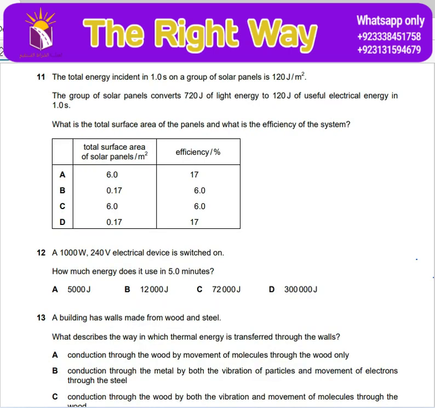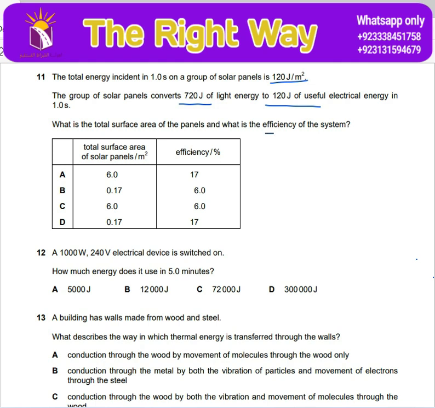Question number 11. The total energy incident in 1 second on a group of solar panels is 120 joule per meter square. The group of solar panels converts 720 joule of light energy into 120 joule of useful electrical energy in 1 second. What is the total surface area of the panels and what is the efficiency of the system?